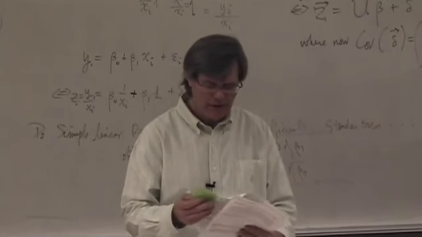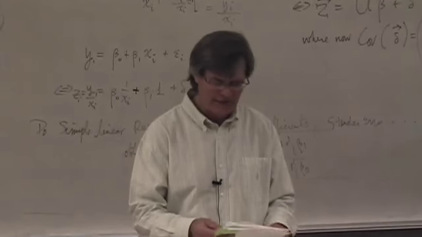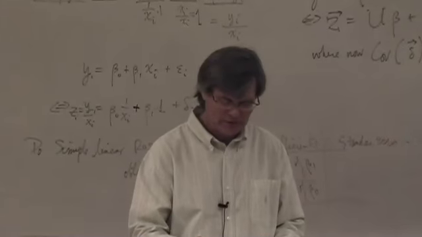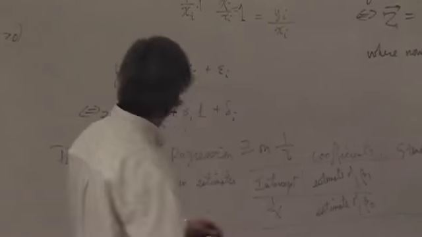If we do have a method of estimating the variance of y given x, that is the variance of the epsilon, then we can apply weighted least squares like this.